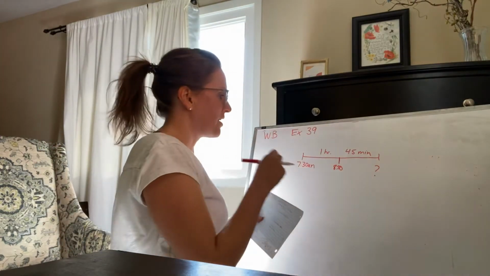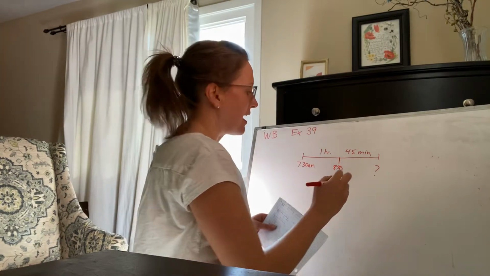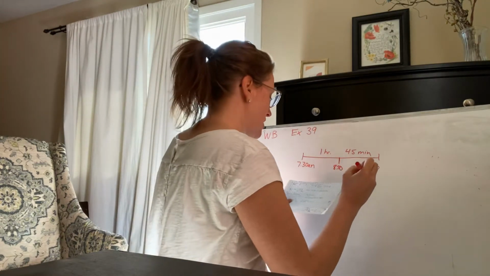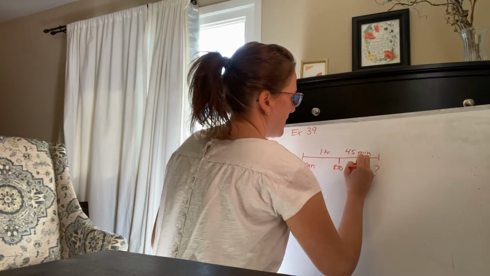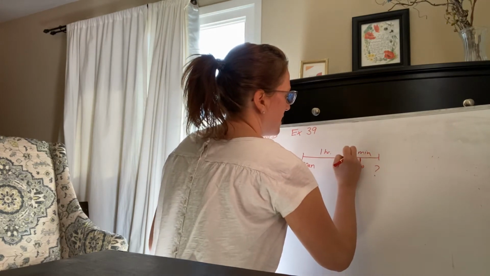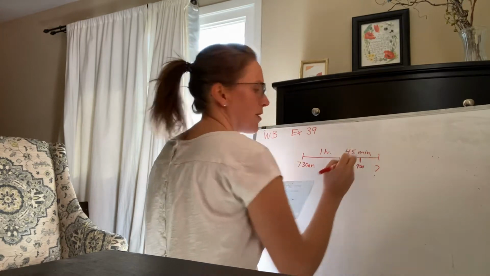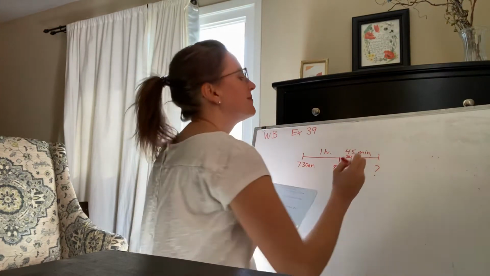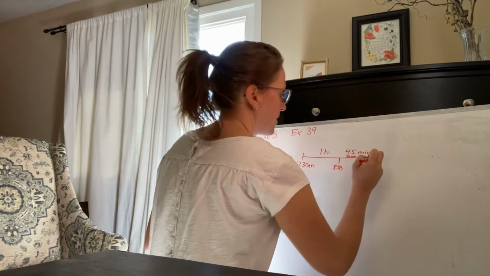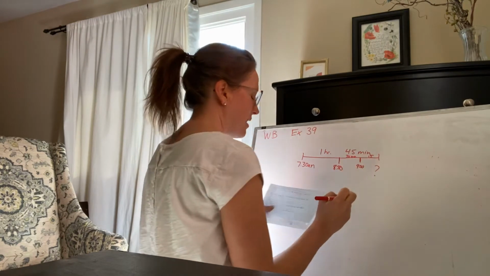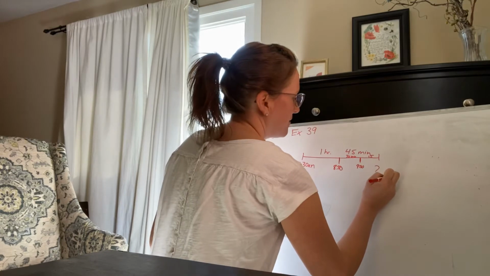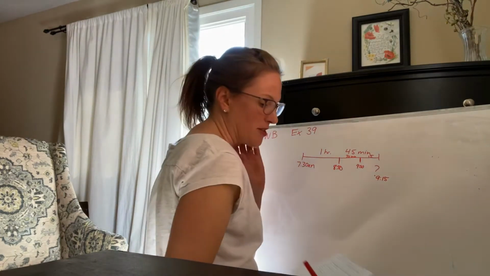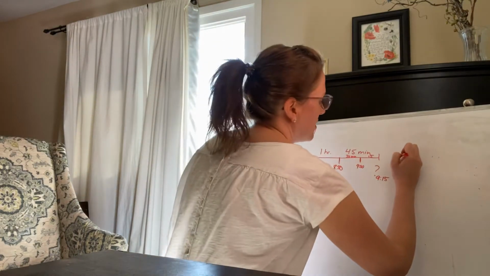The next hour would be 9 o'clock, and that would be 30 minutes. So let's mark it like this and say, let's say 9 o'clock. Here's 30 minutes. How many minutes of that 45 minutes are remaining? Now I have 15 more minutes after 9 o'clock, giving me what time? 9:15.